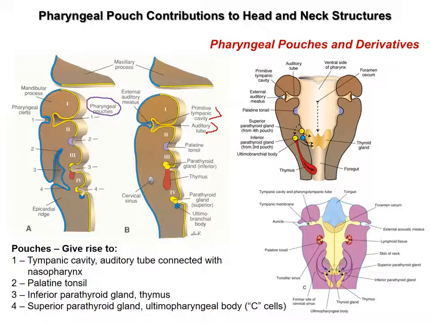The second pharyngeal pouch is involved in the formation of the palatine tonsils and forms the surface epithelium overlying them. The third pharyngeal pouch expands into adjacent mesenchyme and develops so-called dorsal and ventral wings. The epithelium of the dorsal wing develops and becomes the inferior parathyroid gland. The epithelium of the ventral wing develops into one of the lobes of the thymus gland.